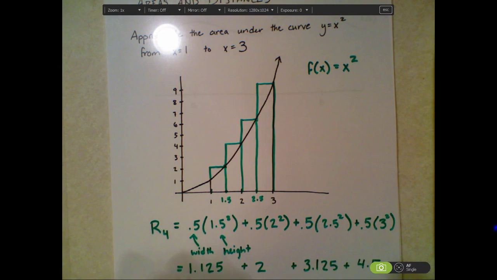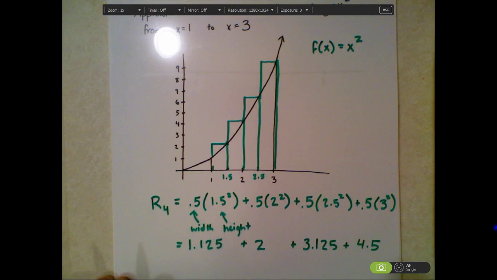And so using our right rectangle sum, I get that the area of these rectangles is equal to 10.75, which we know is bigger than the area just under the curve. But we're going to do this a second time.